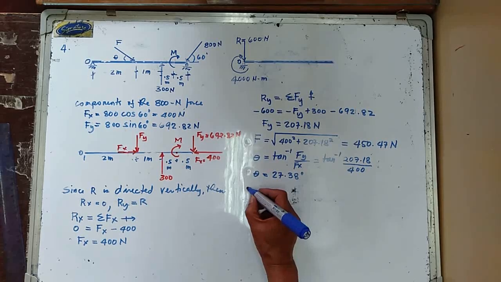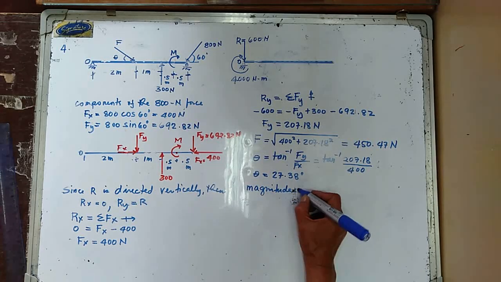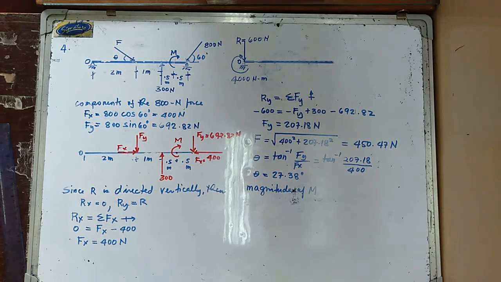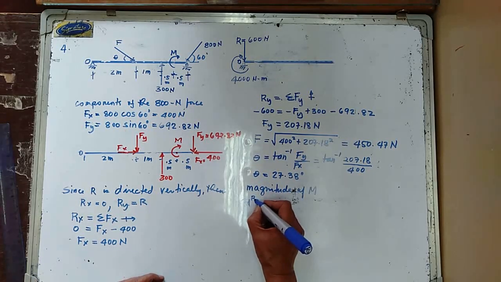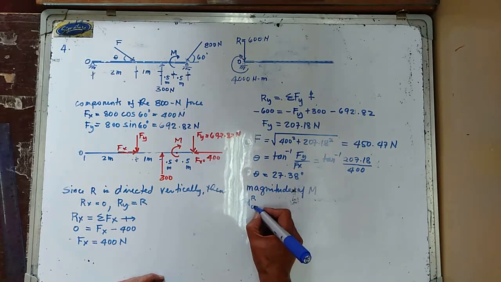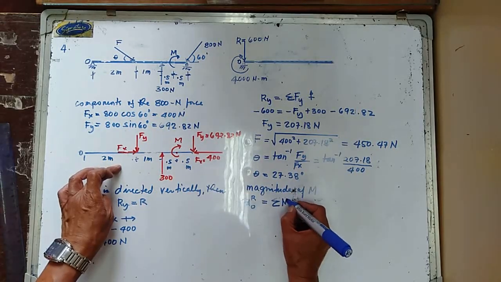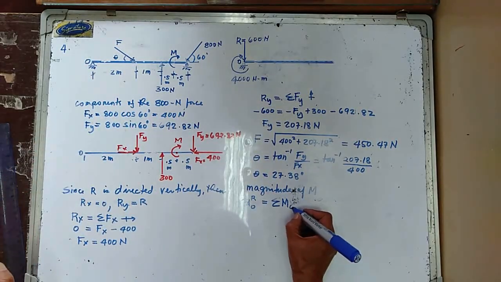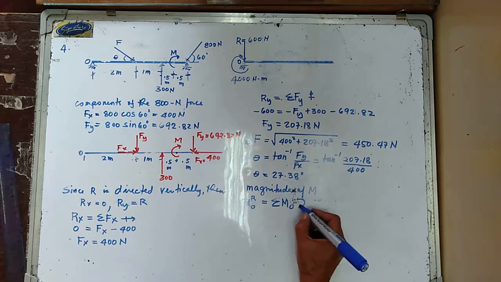Let us try to determine now the magnitude of M. The moment of the resultant about point O is equal to the summation of moments of all the forces in the original system about the same point O. I am going to consider clockwise moment as positive.